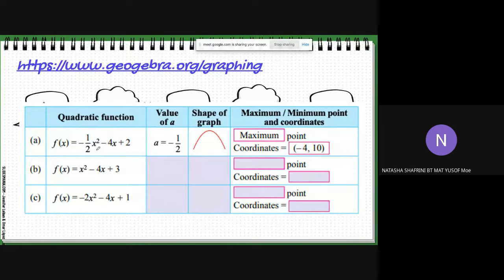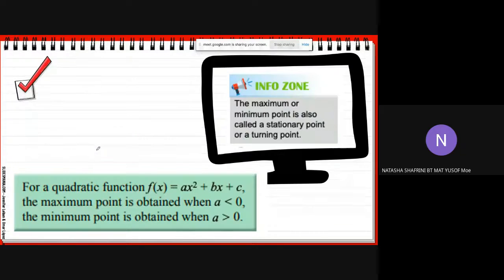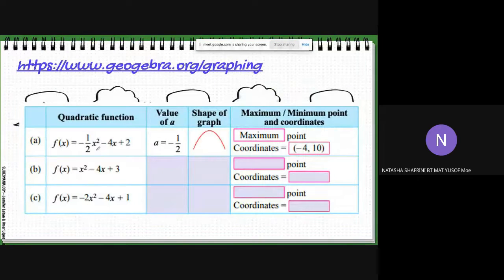Boleh tak copy sekejap untuk ini? 3 function ni je. 2 function lah, 2 function bawah. Copy sekejap dalam note, nanti kita tengok graph dia. Kalau cikgu lambat sangat, awak bagi tahu cikgu boleh lajukan sikit.